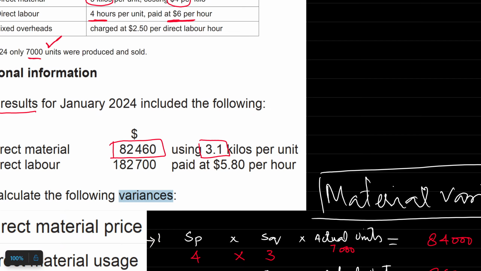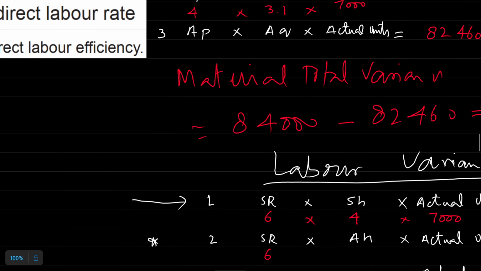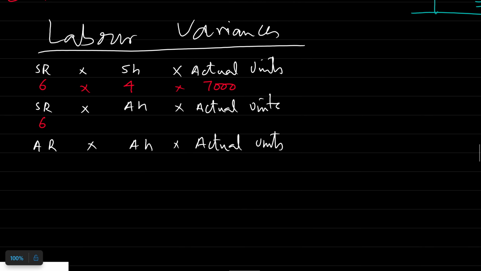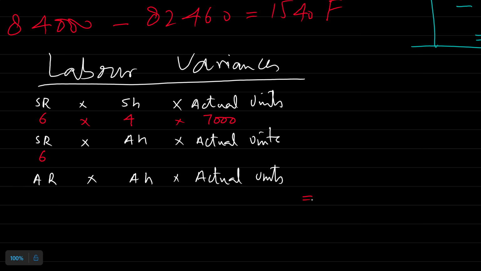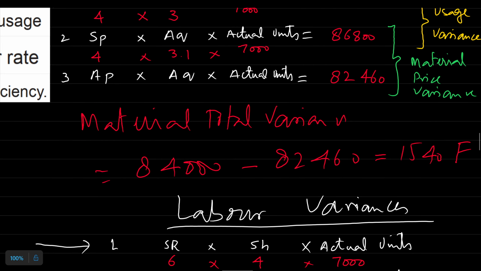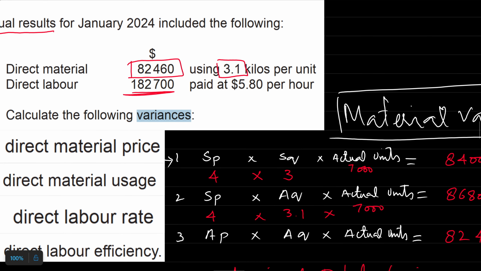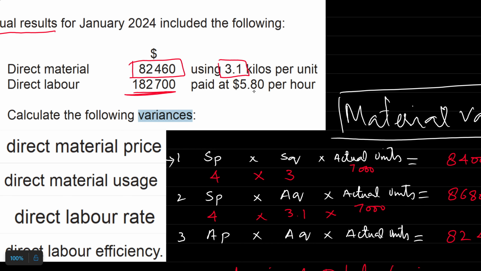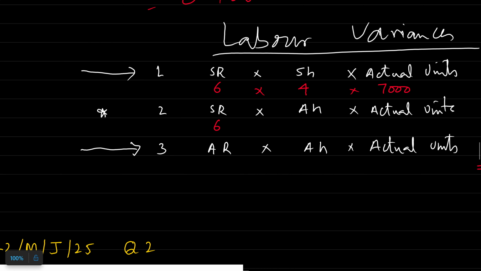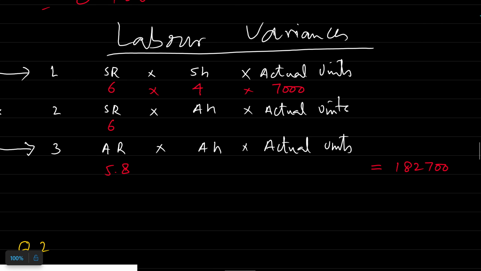Answer of third line is already given, 182,700, while it is also mentioned that direct labor was paid at $5.8 per hour, so the actual rate is 5.8.